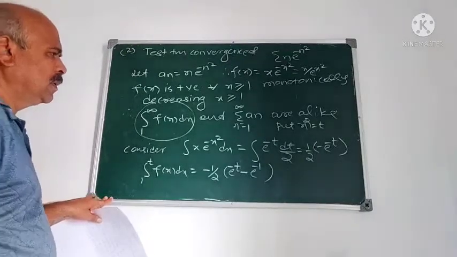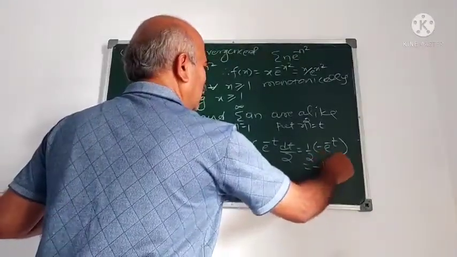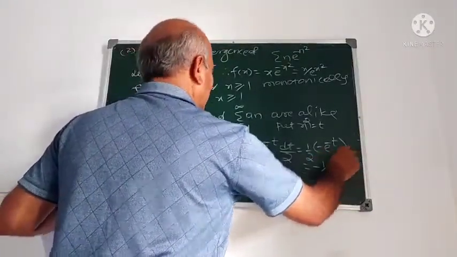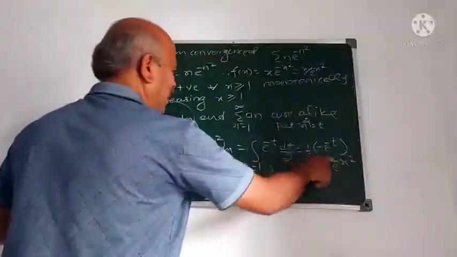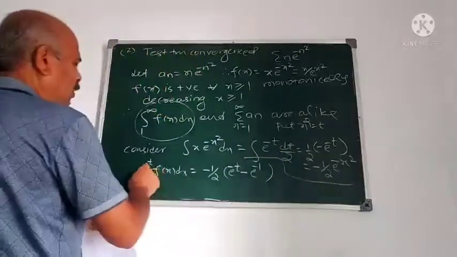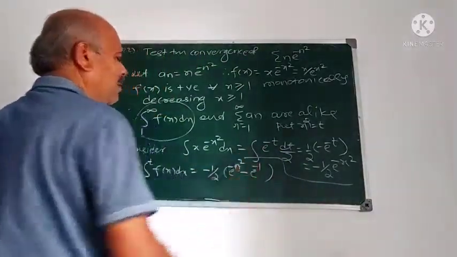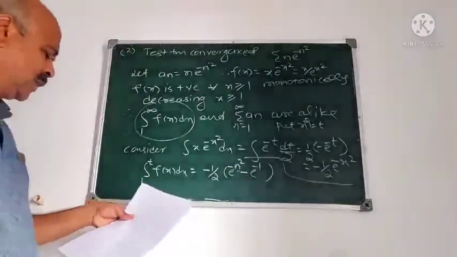Correct? But here we have to substitute. What is this? Minus 1 by 2 e raised to minus x square, because we have taken x square as t here. We have to substitute here. x square is t. So the integral from 1 to t of f(x) dx is minus 1 by 2 e raised to minus t square, minus e raised to minus 1. Is it correct?